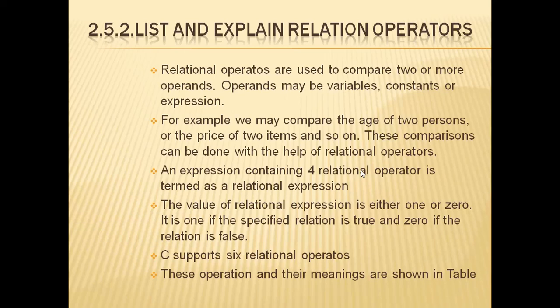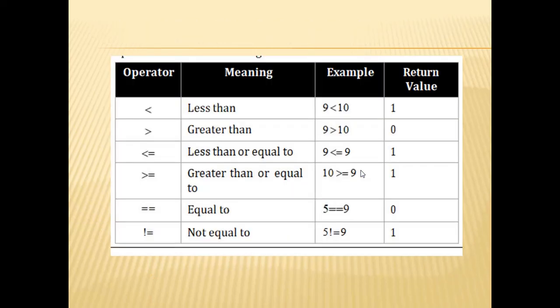It is 1 if the specified relation is true and 0 if the relation is false. C supports six relational operators. The following are the various relational operators that C supports.